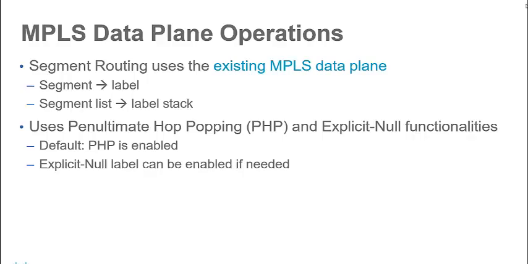It will remove the labels before it sends to the final destination. Correct. For that, the explicit null notification comes that makes the n-1 router pop the label. So if you do not want PHP to happen, you can disable it by enabling the explicit null label.